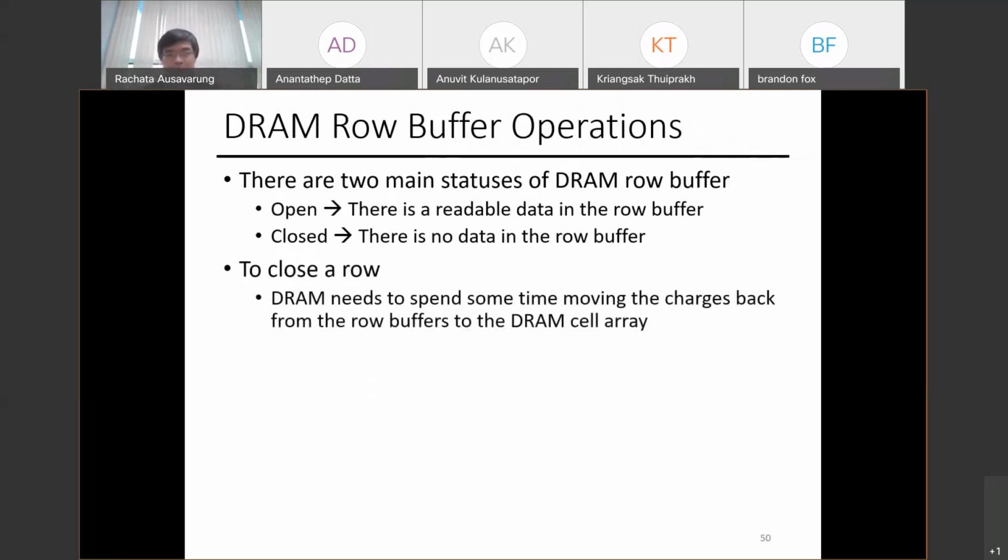To go from open to closed, DRAM needs to spend some time moving what's in the row buffer back to the DRAM row. Basically, you need to move those signals back to the original place. Why do you have to do that? Because again, there are only a few electrons. When you're done reading this data, move it back so that you can save the data.